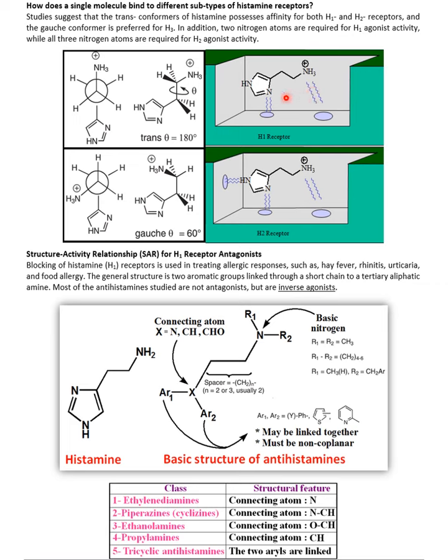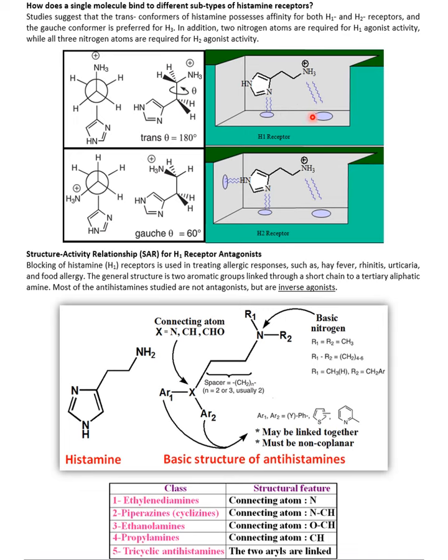I hope you still remember the case of acetylcholine and how it could bind to 2 different types of cholinergic receptors. One was nicotinic and another was muscarinic. And we explained in exercise number 8, we created a video to explain how that same molecule can bind to 2 different receptors by changing its conformation through rotation around a single bond.